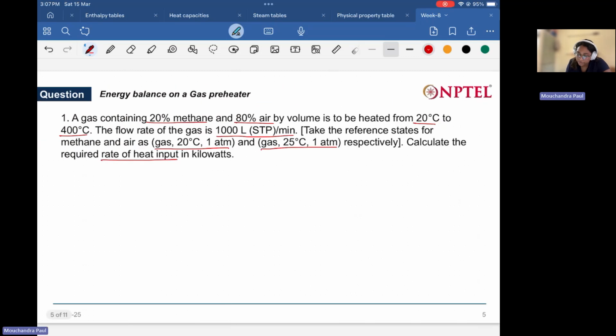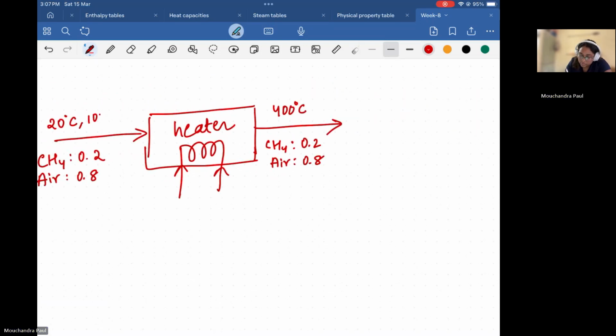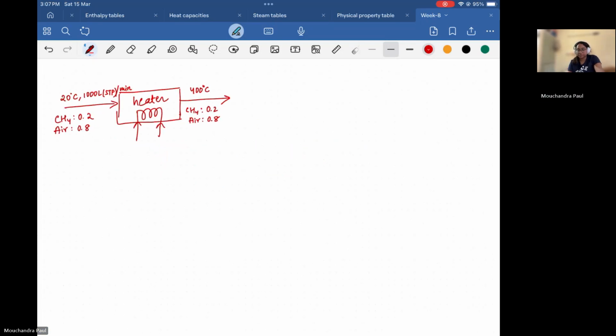The flow rate of the gas is 1000 liter STP per minute. So first, the basis will be your given flow rate.